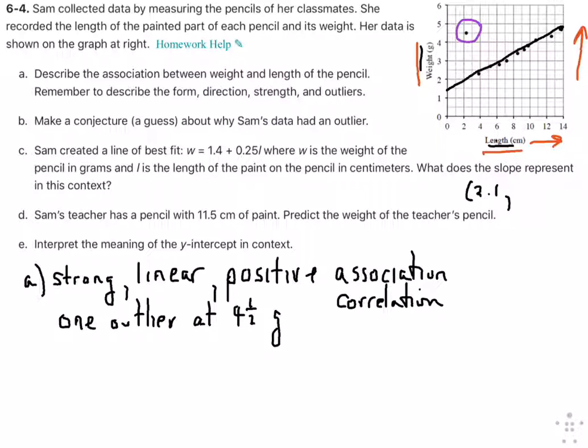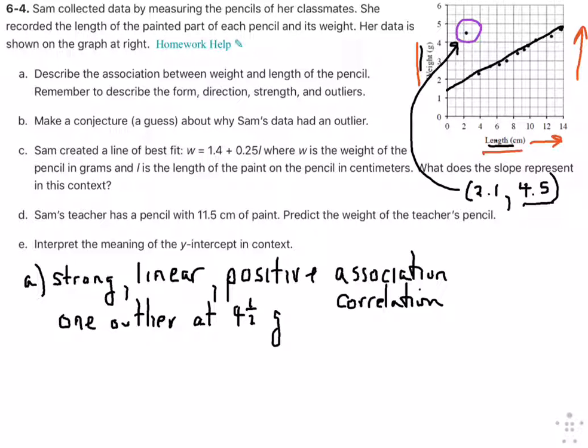This is this point right here. One of the most common mistakes when graphing is you flip the x and the y.